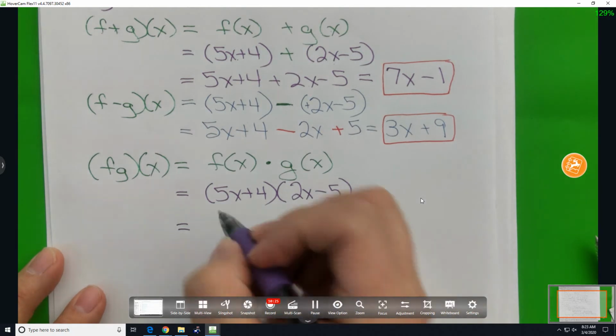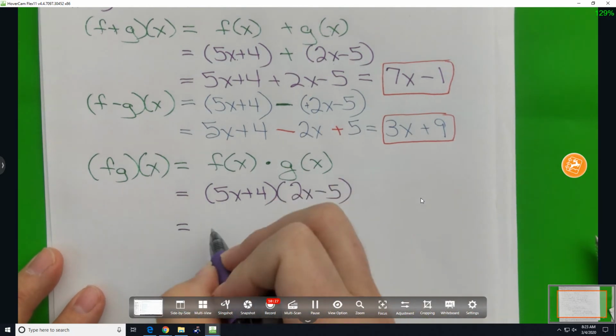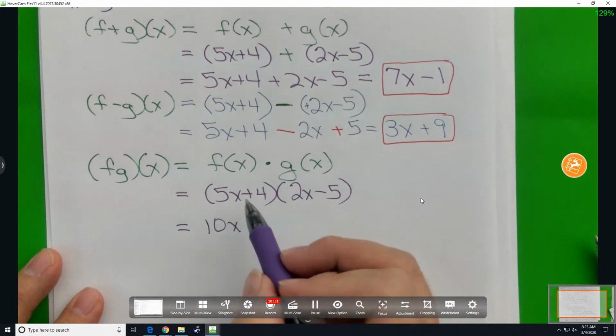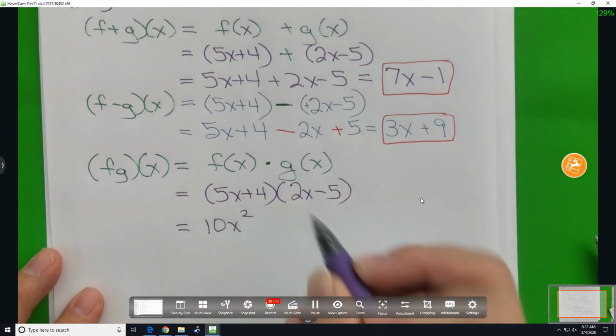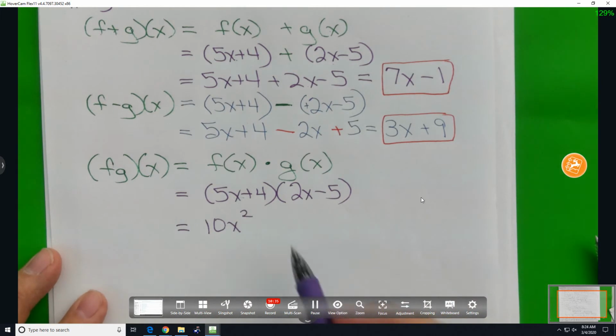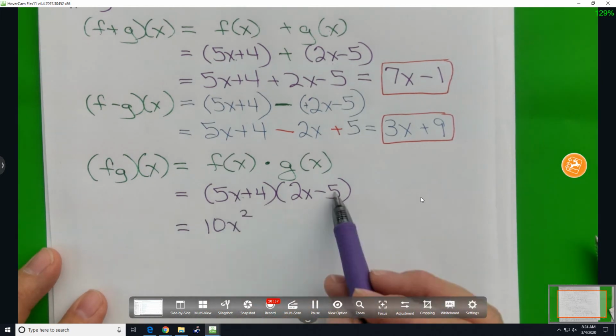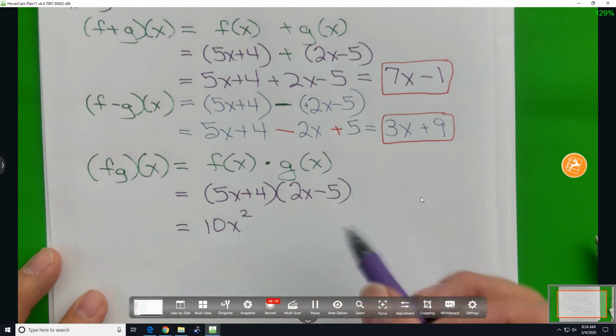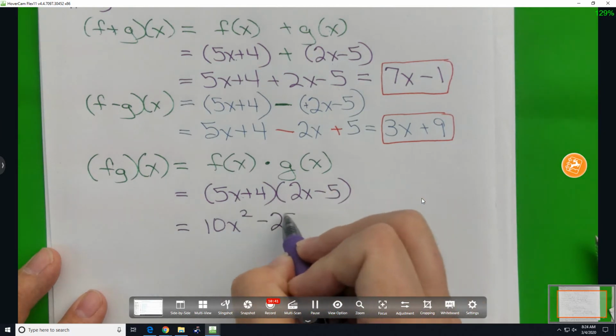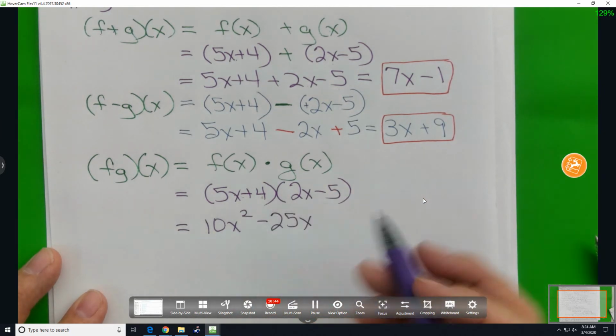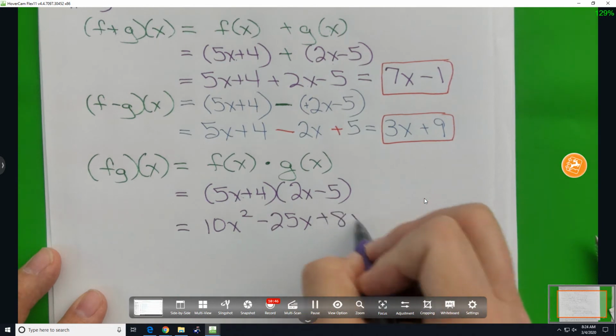Okay, so first, 10x squared. Remember, x times x becomes x squared. Outer: minus 25x, I agree. Plus 8x, there's the inner.